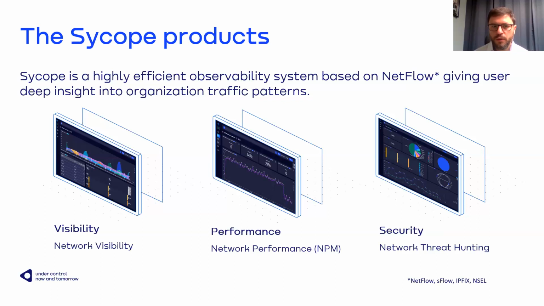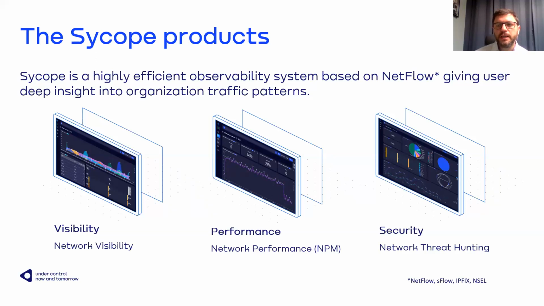So using the visibility module, it's possible to tell what was the source, what was the destination of the communication, how much data they exchanged, through which protocol, through which application, what was the time of the connection, and a few other things about the network communication. So basic monitoring you can achieve with the visibility module.